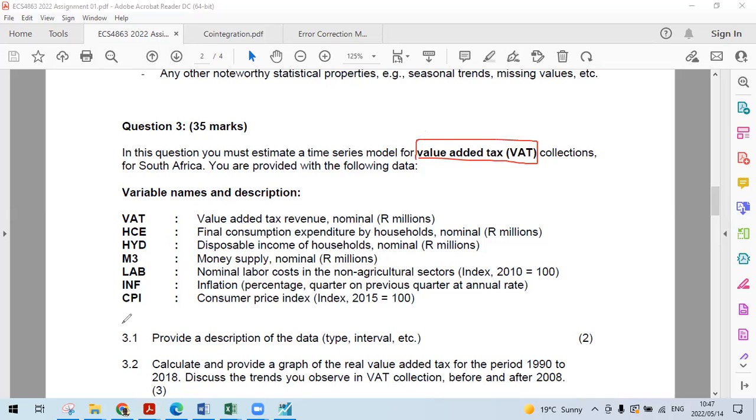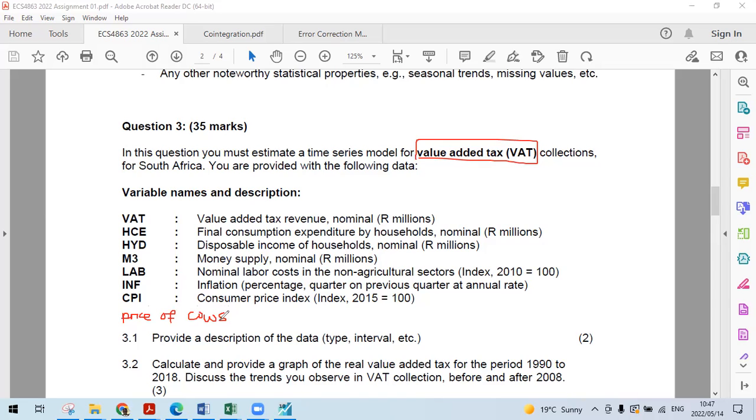It should make sense. Imagine we are doing something to do with VAT collections here. Then I add another variable here. I say the price of cows, because I like farming. Can the price of cows influence VAT collection?